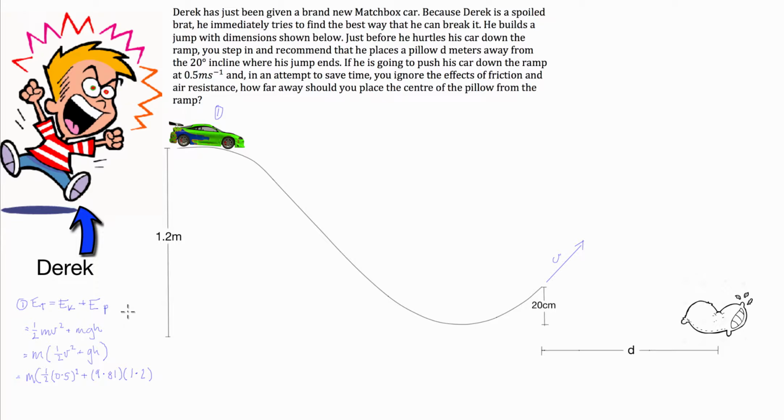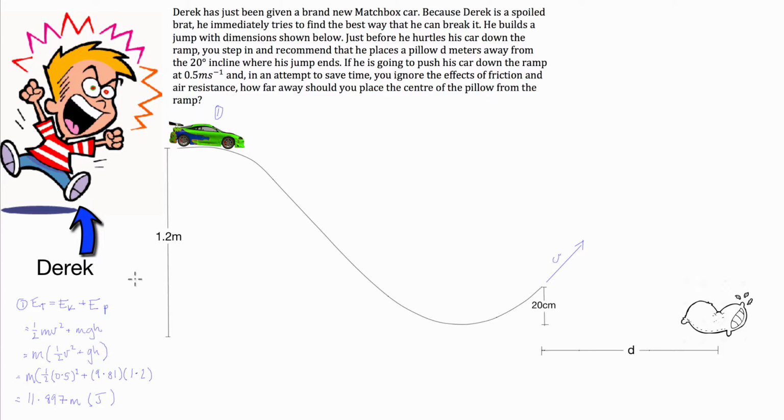If we do all that maths, we pop out with a number, 11.897 inside the bracket, and that's being multiplied by m. That would be measured in joules as well, because that's energy, so I'll just put it in brackets here.